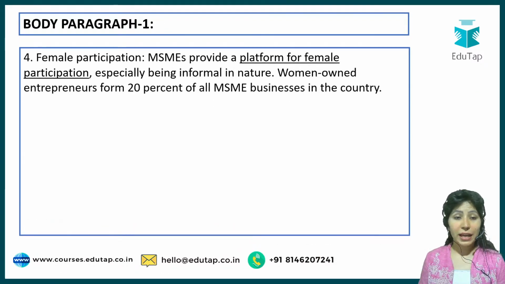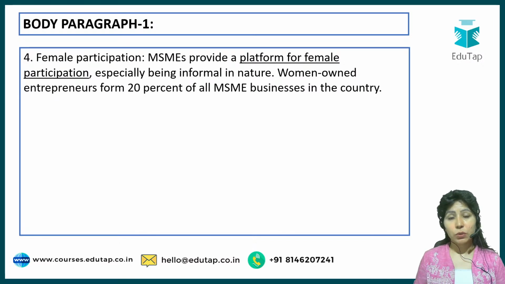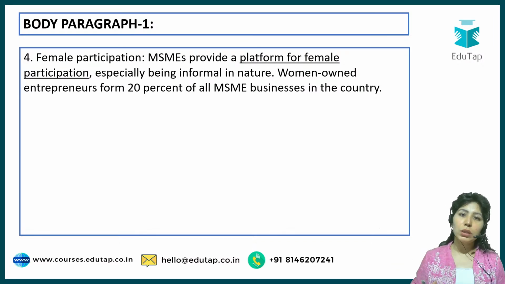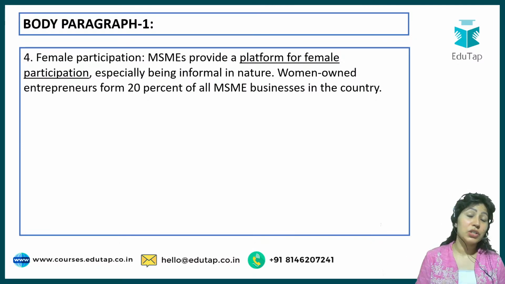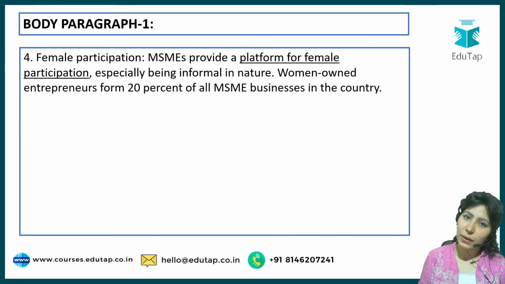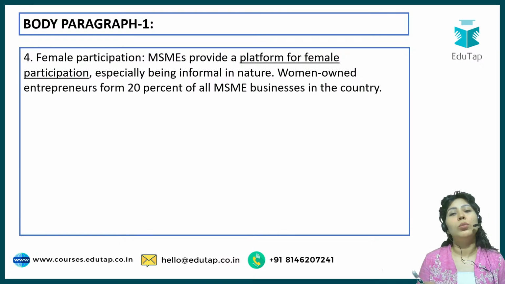Now moving on to the next point, female participation, very important here, because females cannot commute a lot, especially in rural areas, and not just rural areas, in urban areas as well. Most of the jobs are based in metropolitan cities, and very few sectors offer work from home opportunities.